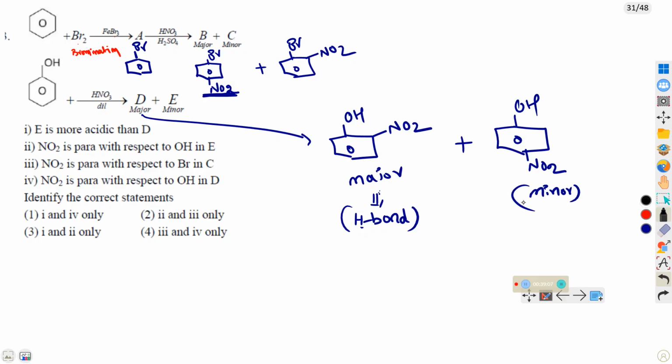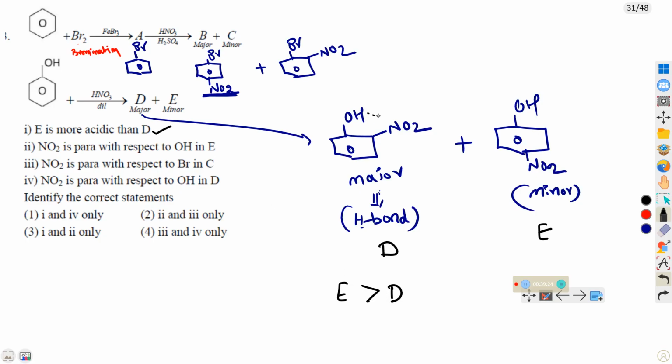Okay. See, E is more acidic than D. This is E, this is D. E is more acidic than D. Correct. Why?